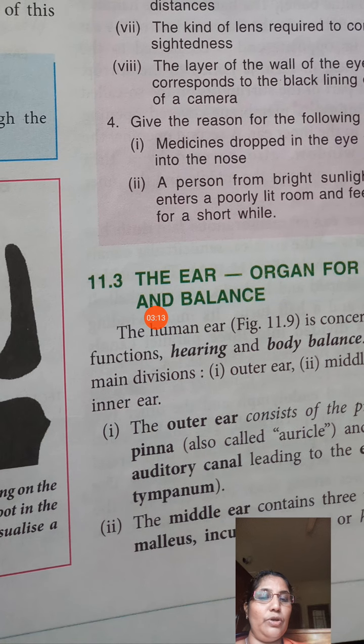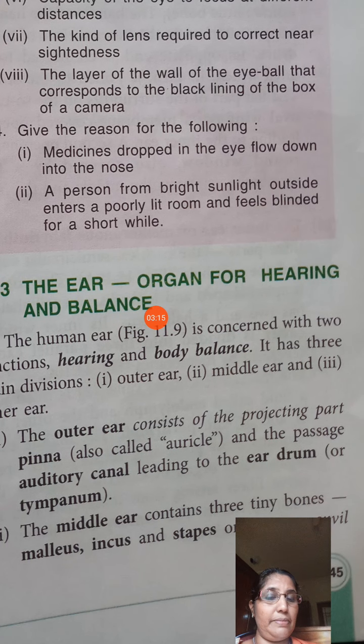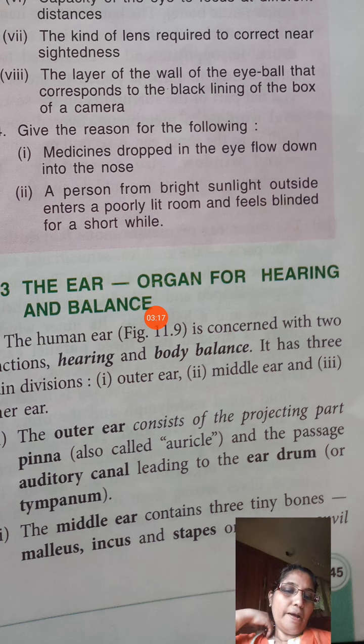The outer ear includes these three parts. Sometimes a question may be asked like, which are the parts of the outer ear. That is pinna, auditory canal and up to eardrum. These three parts are the parts of the outer ear.